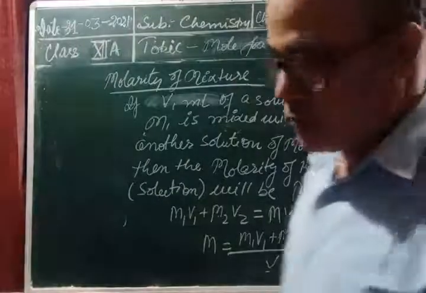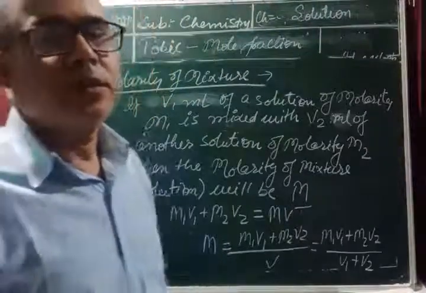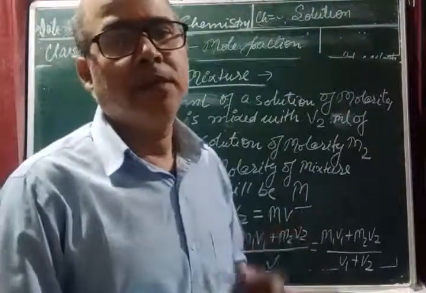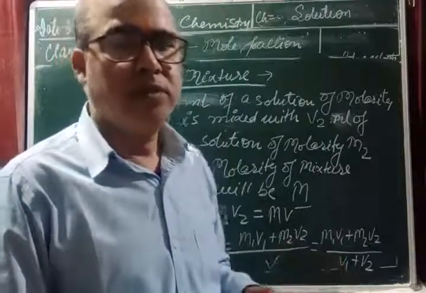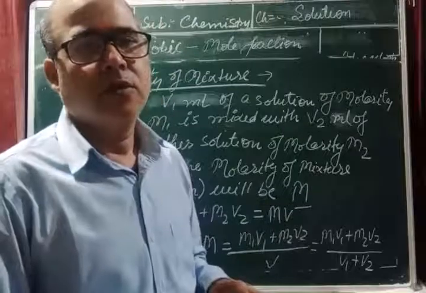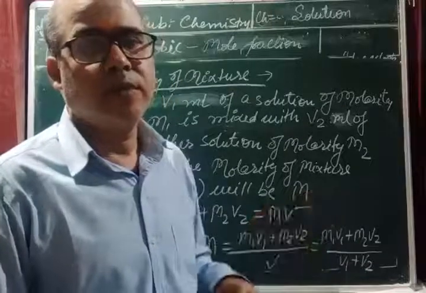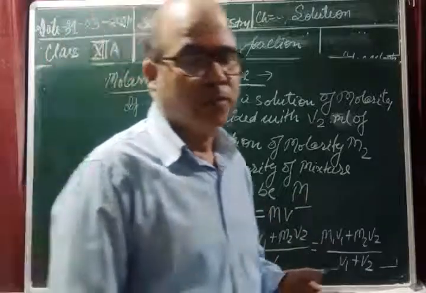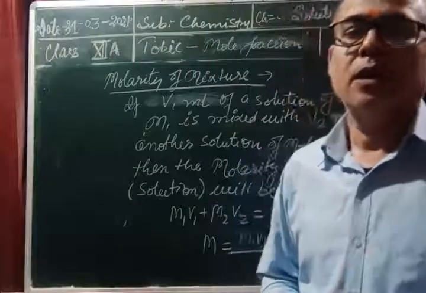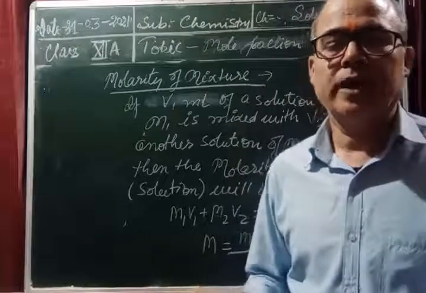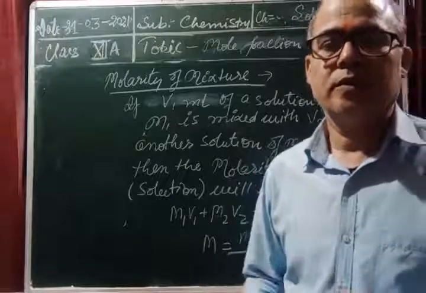It is different from the dilution formula. In the dilution formula, we are diluting the same solution, whose molarity in the beginning was M1 and volume was V1. After adding some more solvent, its volume becomes V2 and molarity M2. In that case you write M1 V1 is equal to M2 V2.